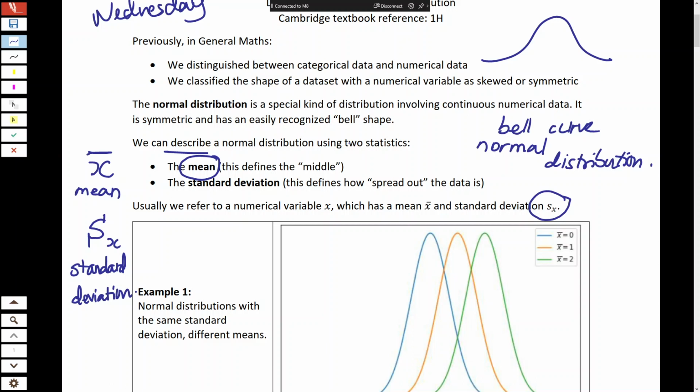But if I put the letter X here, it's very clear that I'm talking about X. So I want you to do that too. And the formula sheet that you'll be given on the exam will have the letter X there. But your textbook does not put it there, it just uses the letter S.